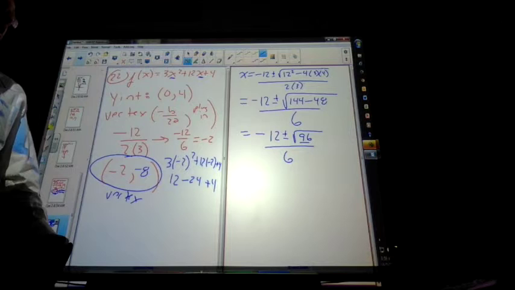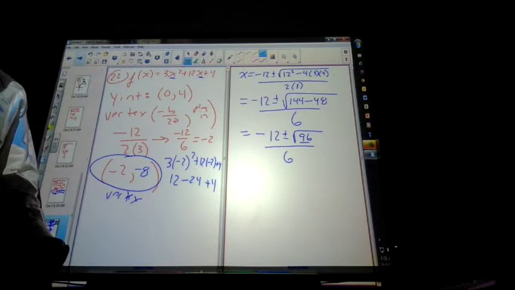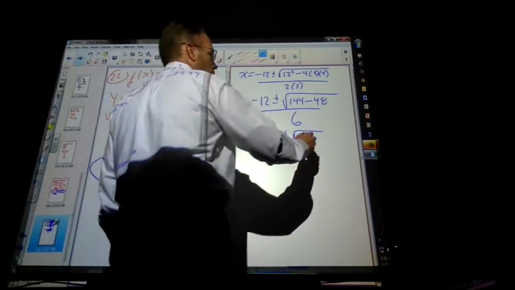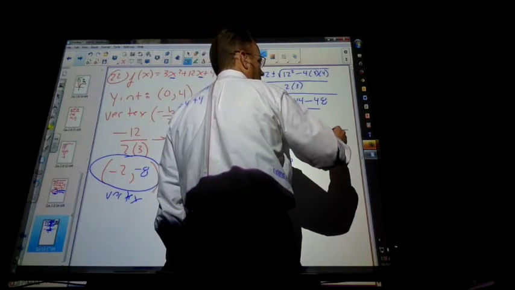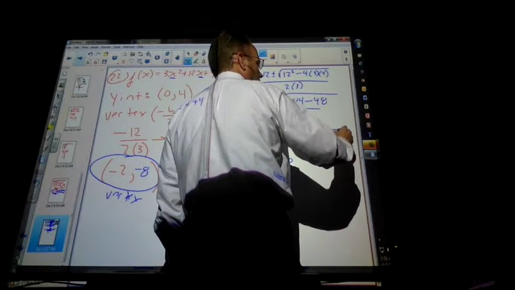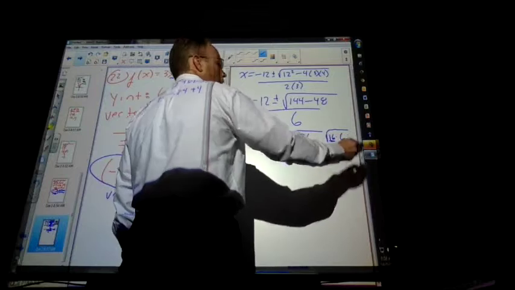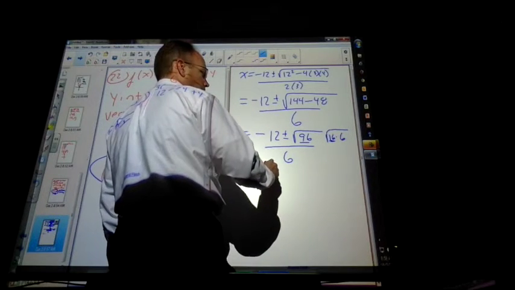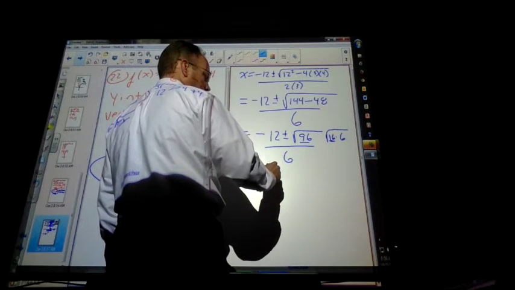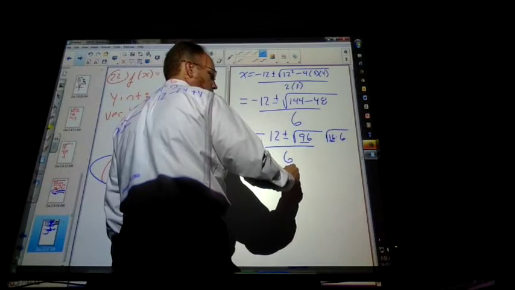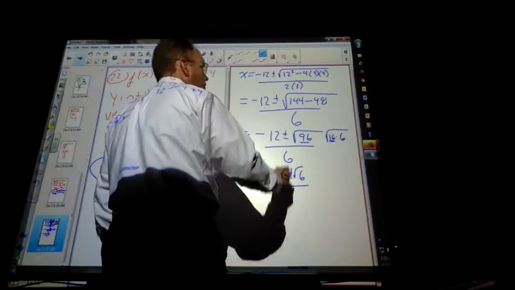Is there any other square, like 16? Someone go 96 divided by 16, see if that works. 6? Sweet. So 96 is the same as 16 times 6. What's the square root of 16? 4. So negative 12 plus or minus 4 root 6 over 6.